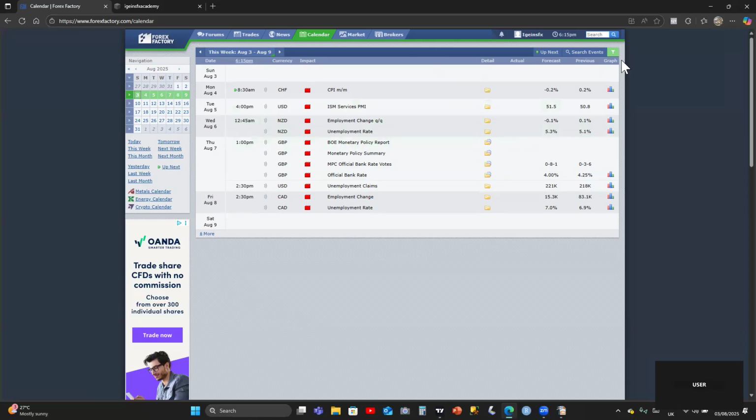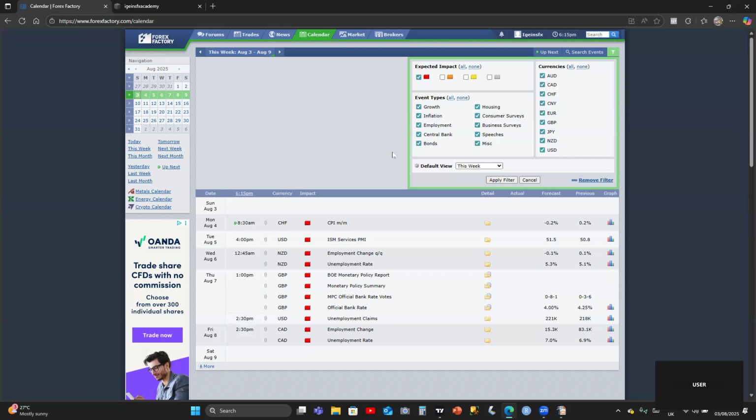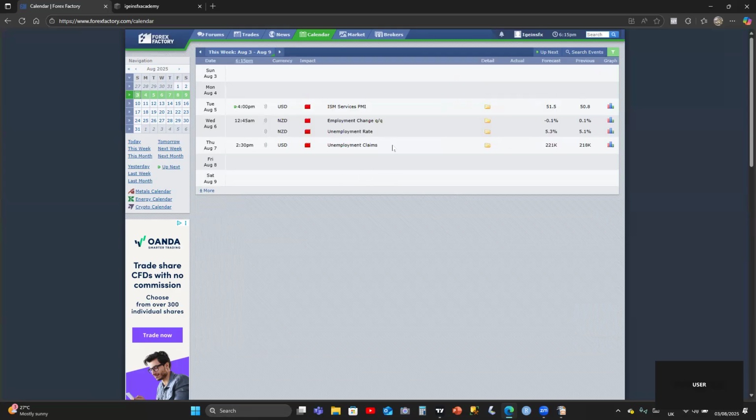Like this week, maybe I want to just trade Euro, GBP, no, don't want to trade that. JPY, yes, NZD, then USD. I'll just leave all those ones. Then I will apply filter.